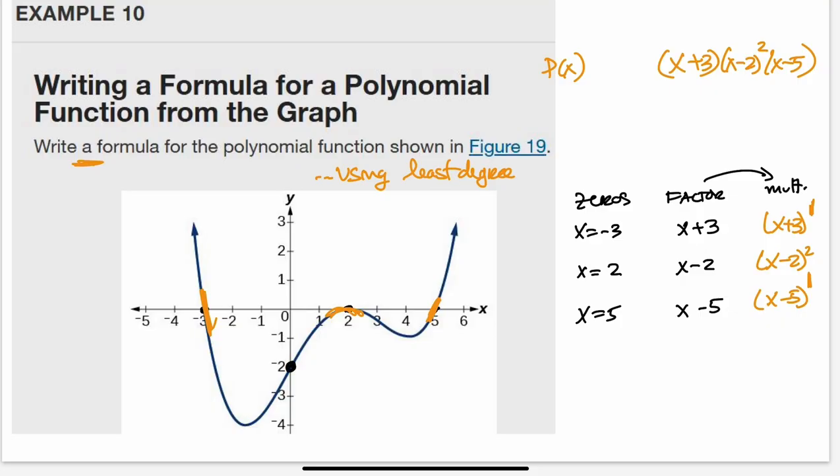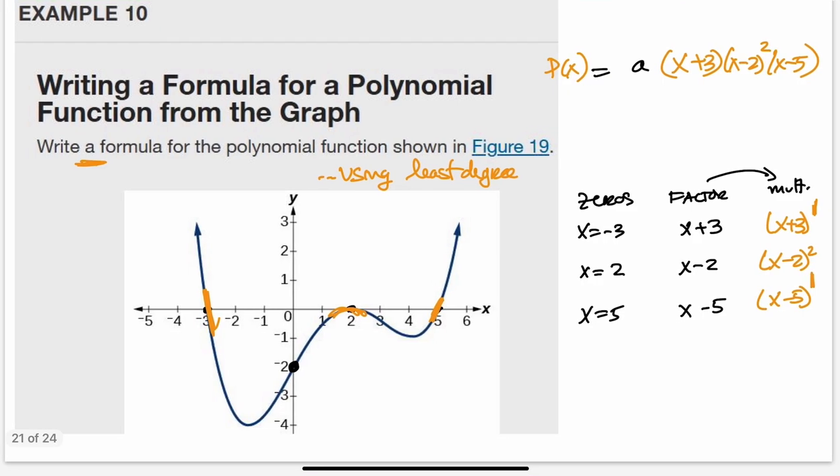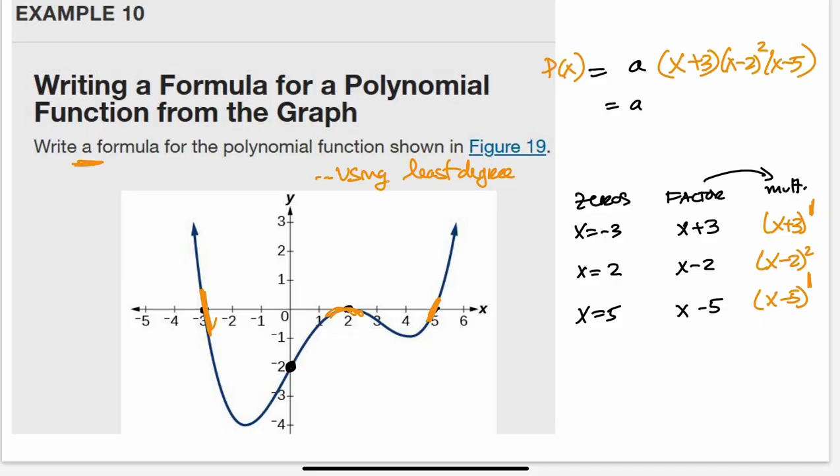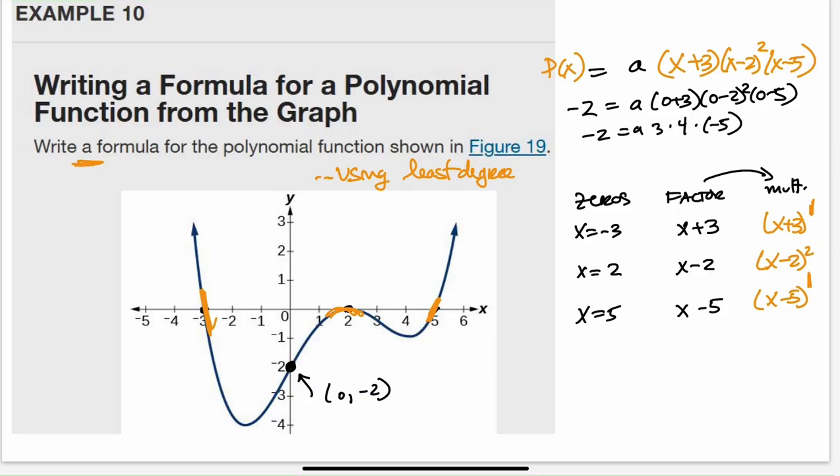But notice I want it to go through this point, 0, negative 2. So there's really some coefficient a out in front that I don't know. When you plug in 0 for x, you better get out negative 2. So this is going to be 3 times 4 times negative 5, so it's going to be negative 60.